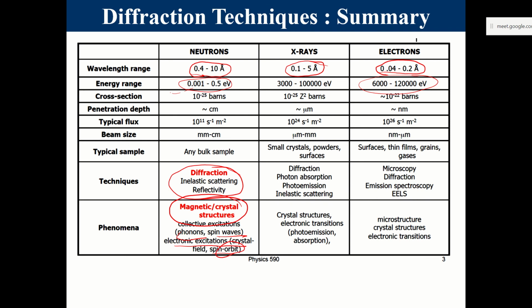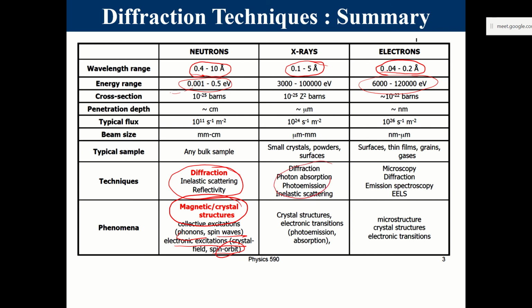So neutron diffraction is very very good, but it is limited: you usually need a nuclear reactor, and that is difficult to get. It is at a national level; you might have one facility or two like that. X-rays we have already studied a lot of things.